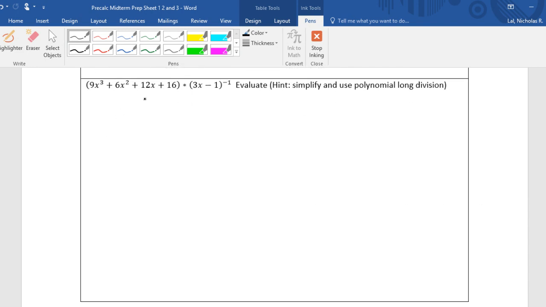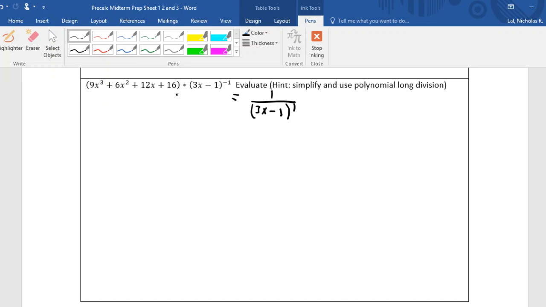9x cubed plus 6x squared plus 12x plus 16 times 3x minus 1 to the -1. So the hint here is that 3x minus 1 to the -1 is equal to 1 over 3x minus 1 to the positive 1.